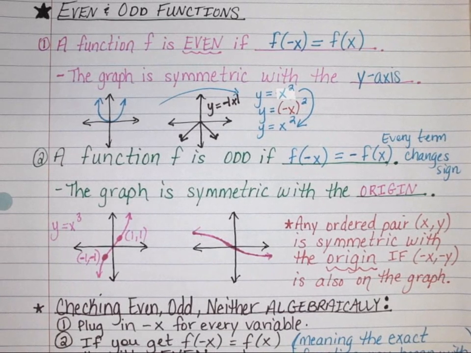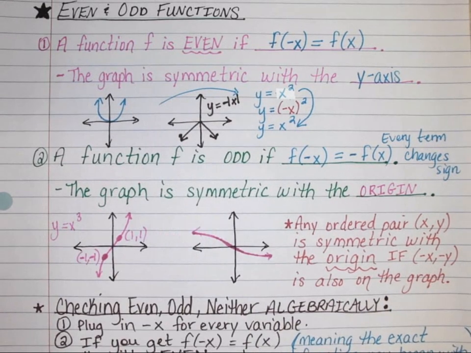So another type. And you're going to see what that looks like algebraically later on. Even, symmetric with y. Odd, symmetric with origin.